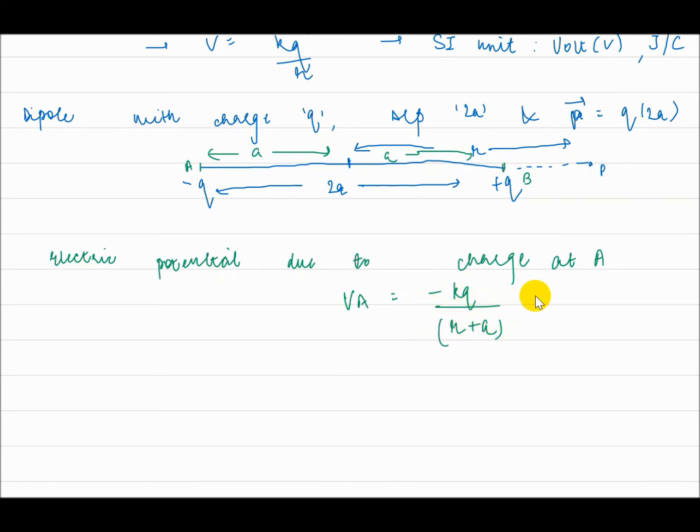As it is a scalar quantity, we don't mention the direction. And similarly, VB is equal to kq upon r minus a. But we do consider the sign of the charge, that is minus q and plus q here.